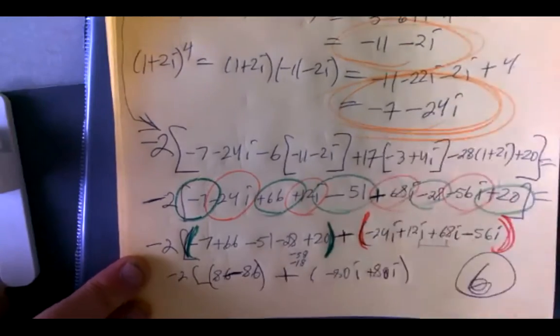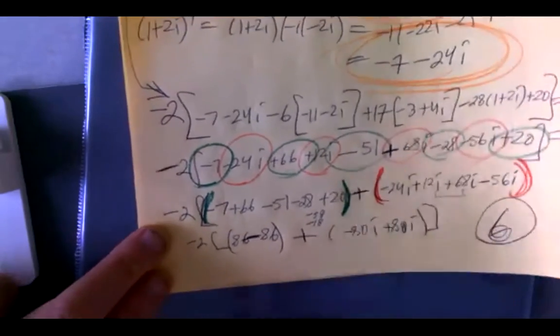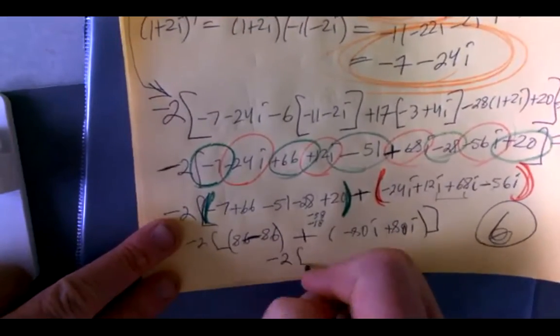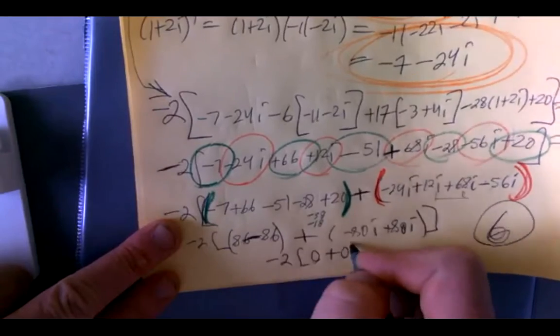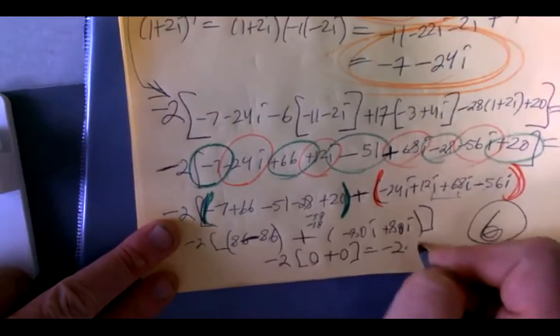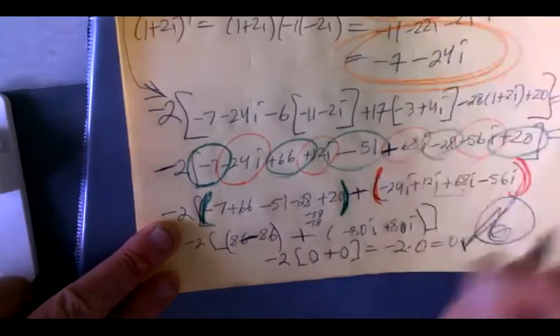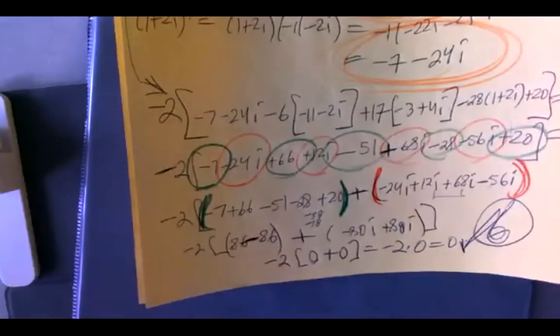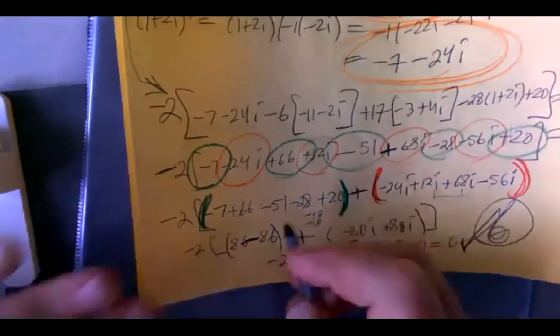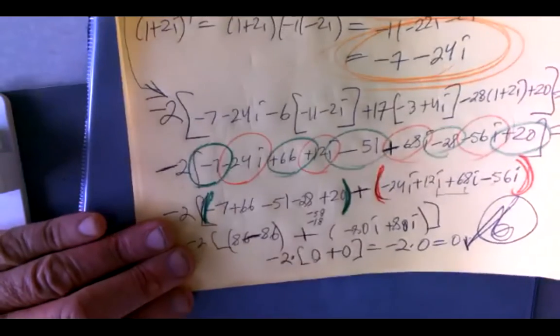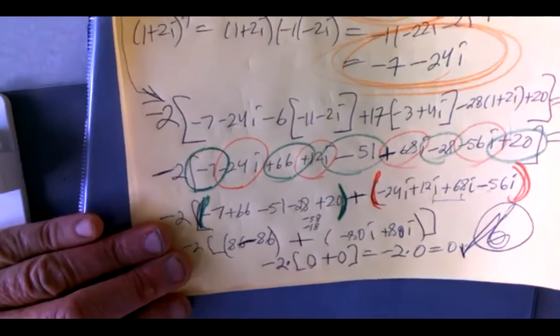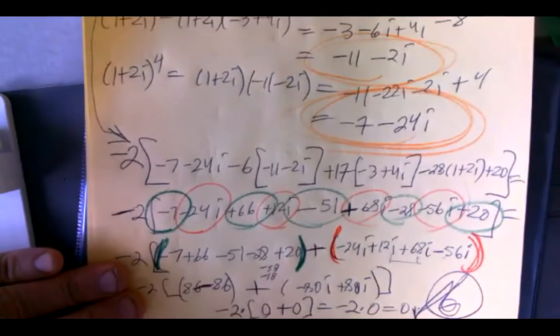So I'm just demonstrating, if I do it, then it's negative 2 times 0, which is 0. Check, done. That's how I would have done it. I did the negative 2 at the end, just to make the arithmetic easier so I could eyeball it better.